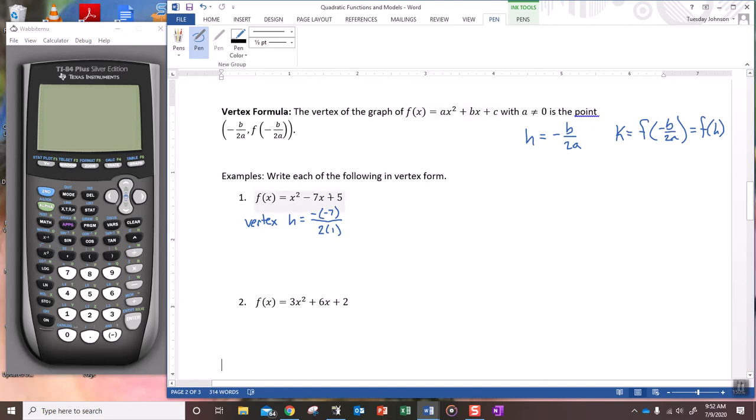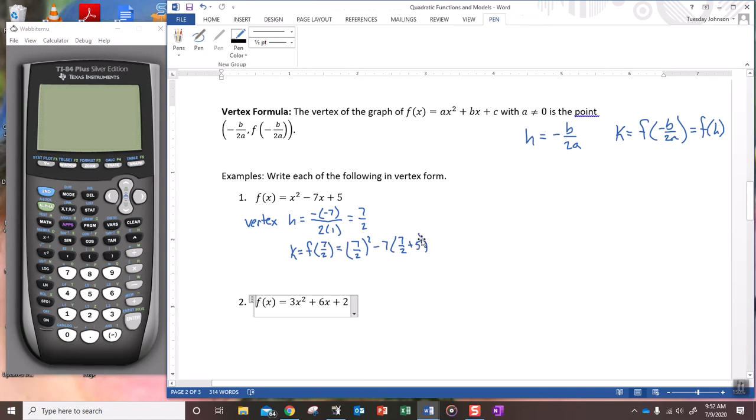B is the coefficient of x. A is the coefficient of x squared. This is 7 halves. The k value is the function evaluated at 7 halves: 7 halves squared minus 7 times 7 halves plus 5.